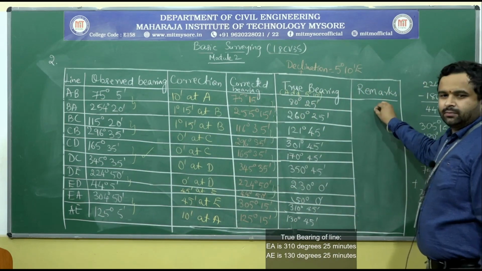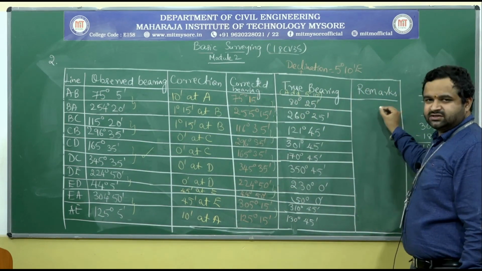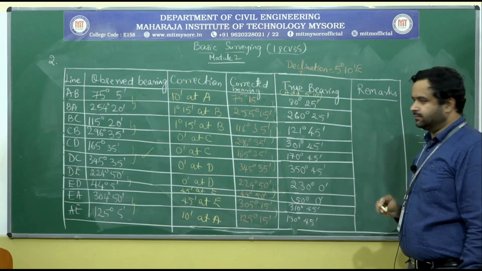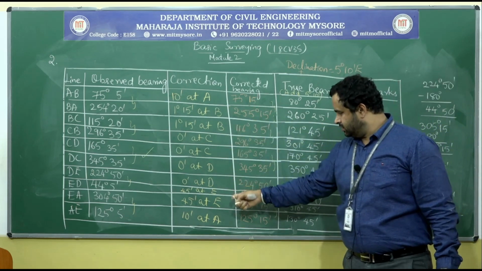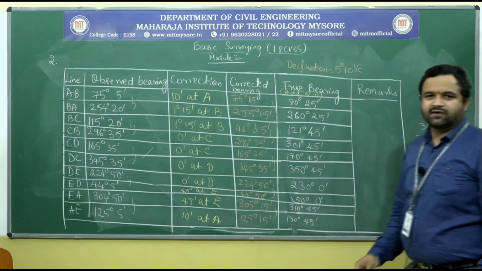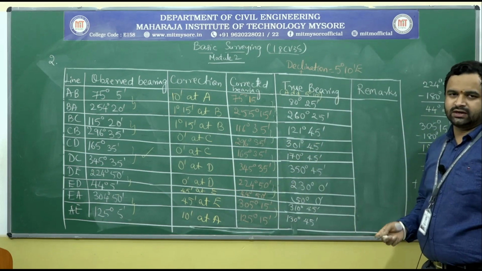In the remarks column, you can specify which are the stations affected by local attraction. So if you observe, station A, station B and station E are affected by local attraction.